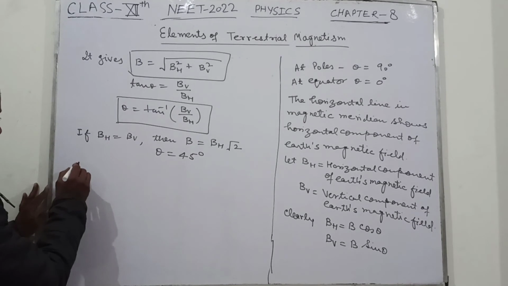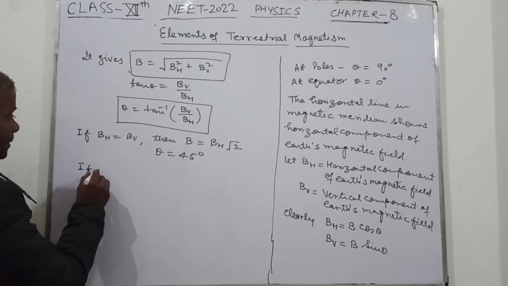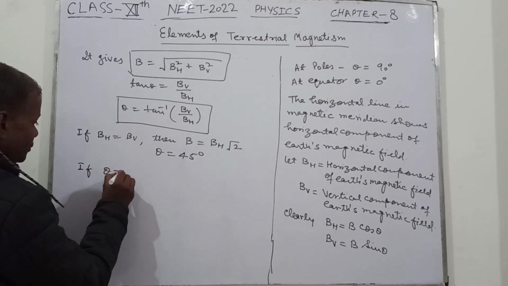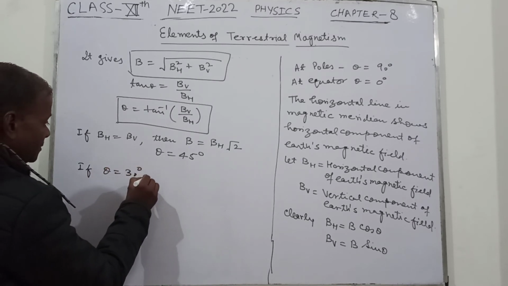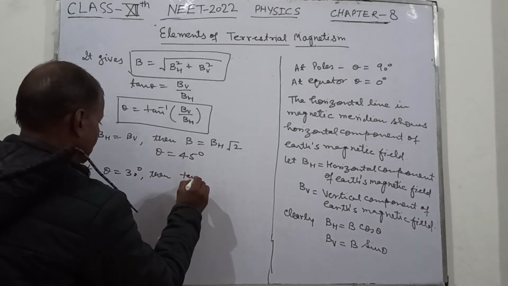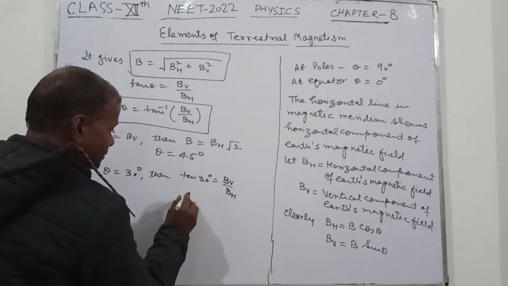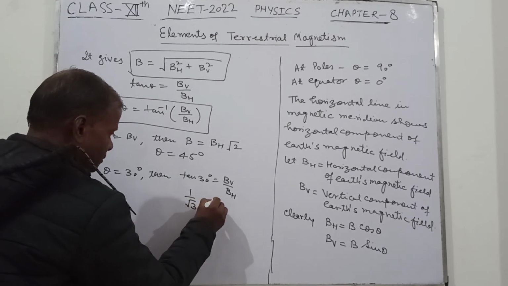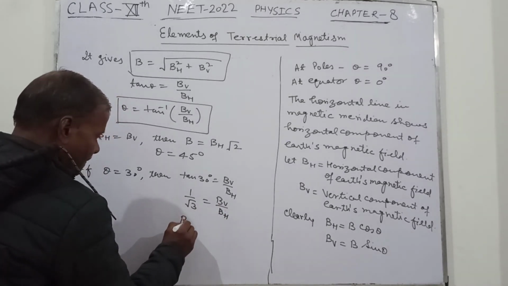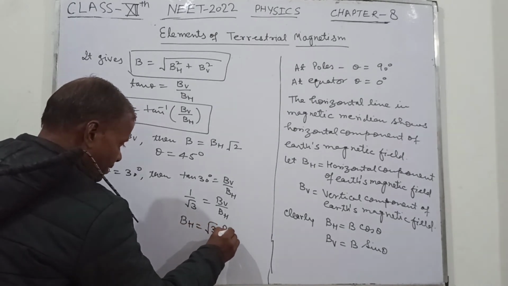So if we have theta equal to 30 degree, then tan 30 equal to BV upon BH, which is now 1 upon root 3. So BH equal to root 3 BV.